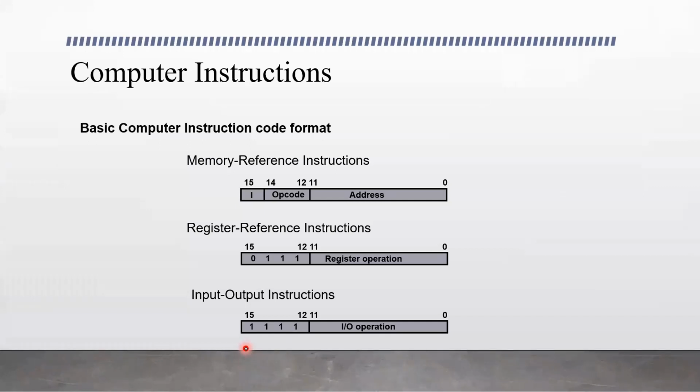So when the control needs to recognize the type of the instruction used, it checks the opcode.